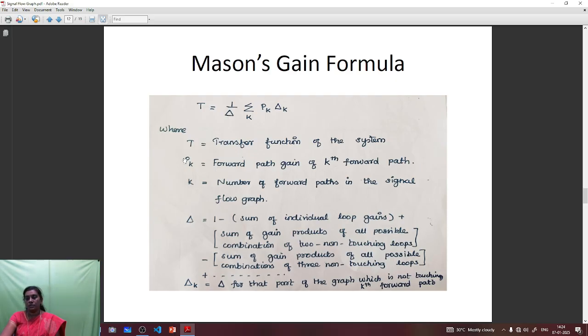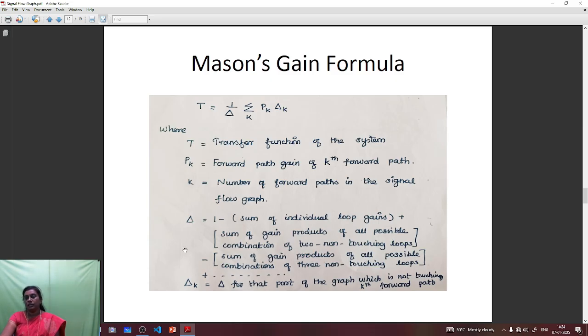So K represents the number of forward paths, and Pk represents the forward path gain of the kth forward path in the signal flow graph.